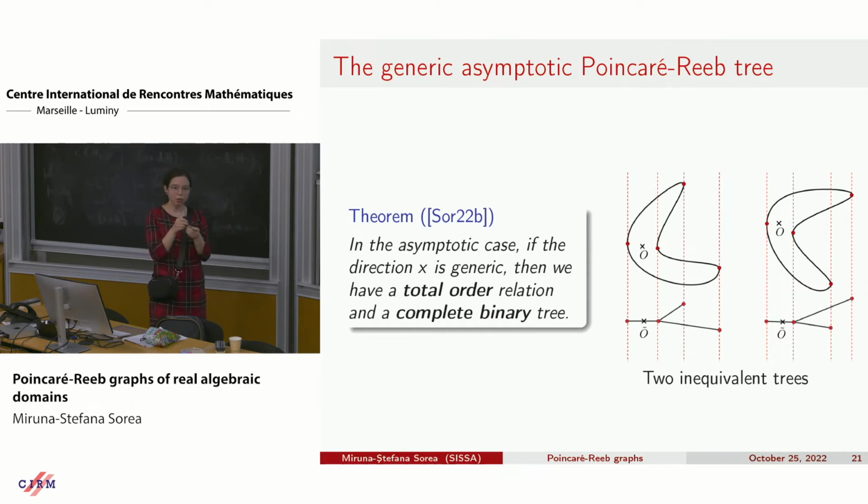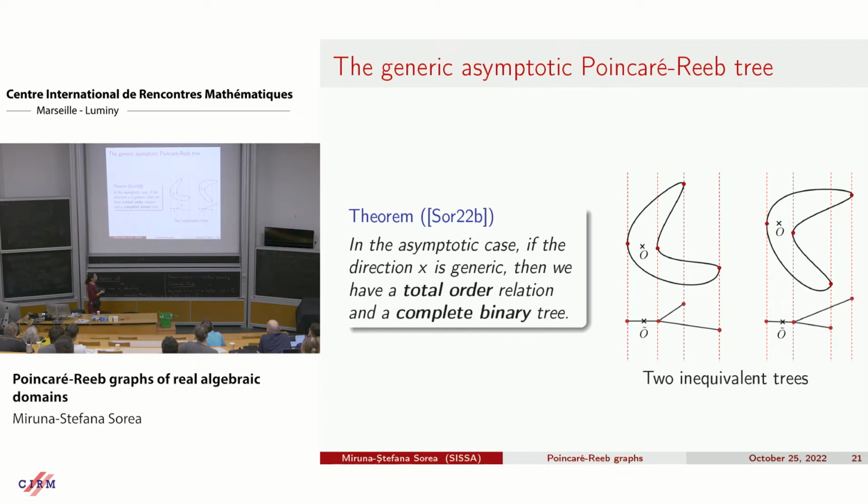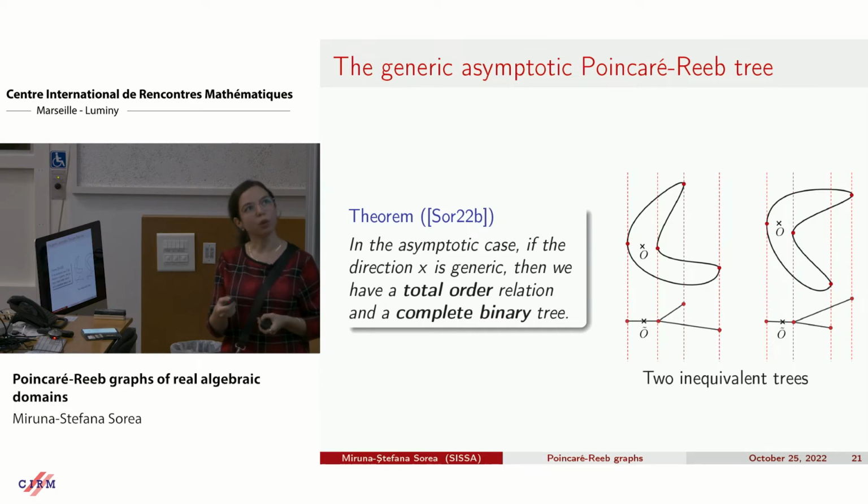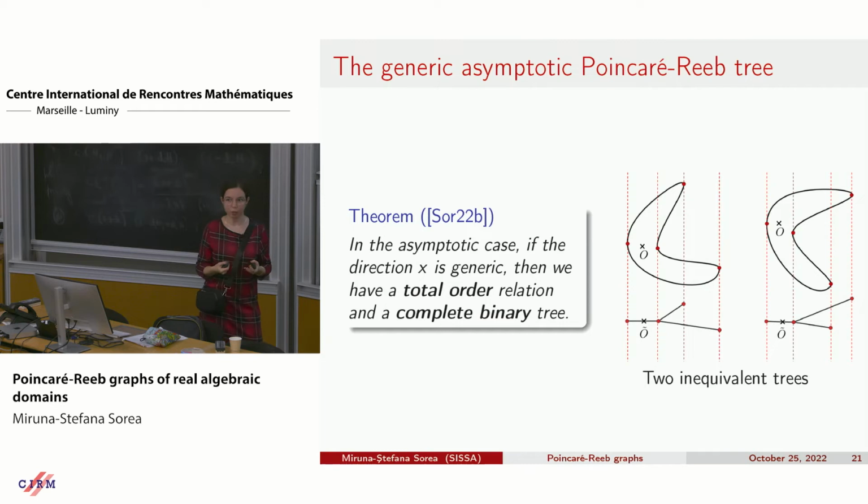So each internal vertex of the tree has precisely 2 children. And this total order actually helps us distinguish between these 2 trees. These 2 trees are not equivalent for us, because if we want to go from one to the other, we would need to have this bitangency phenomenon, which is prohibited.